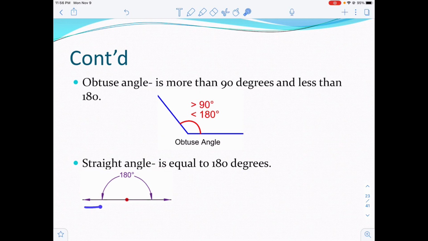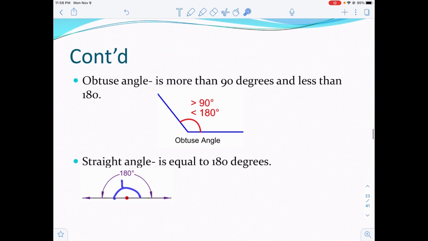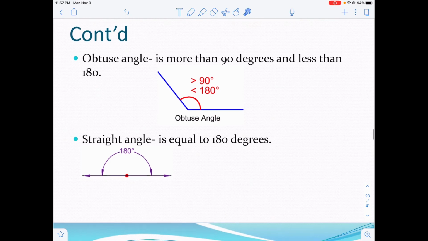You'll notice that a straight angle also kind of looks like a line, but we're talking about the angle, and that's why we refer to it as a straight angle, because it's equal to 180 degrees, just like it says there. So that's why if we refer back to the obtuse, it is less than 180 but more than 90. And these are the 4 ways to classify your angle. Basically just by their measures, and that's it.